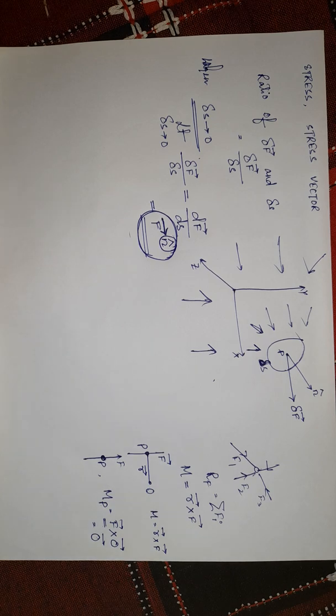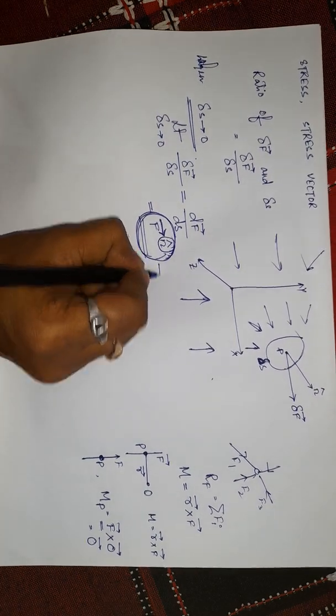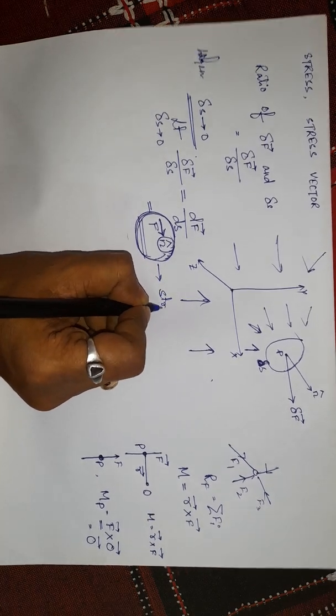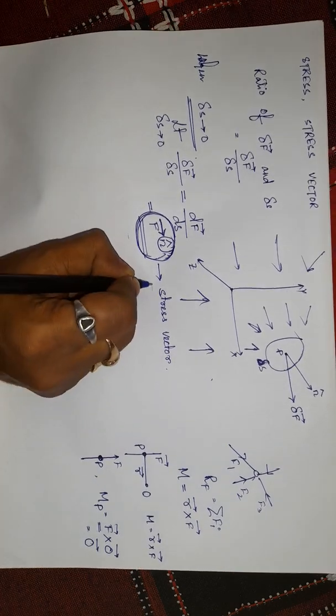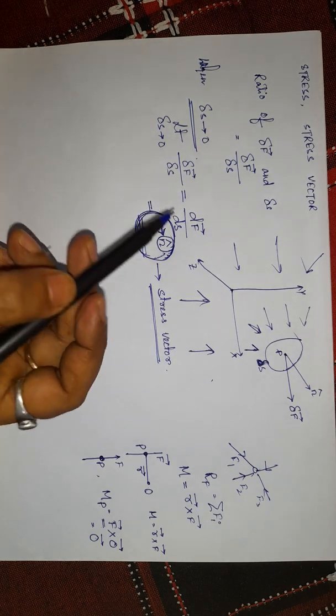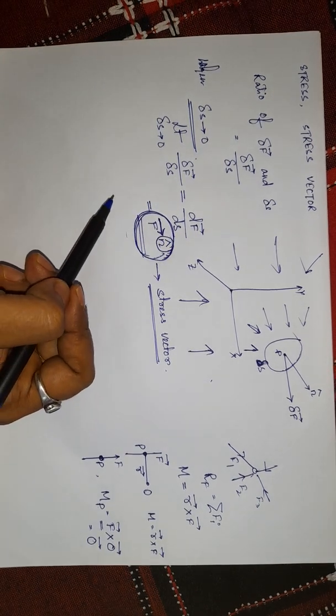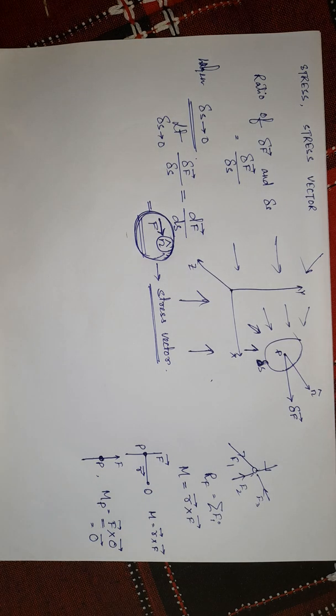These types of physical quantities are called tensors, and this particular definite limit is called the stress vector. So in simple language, what is the stress vector? It is nothing but the ratio of the force acting on the elementary area to the elementary area.